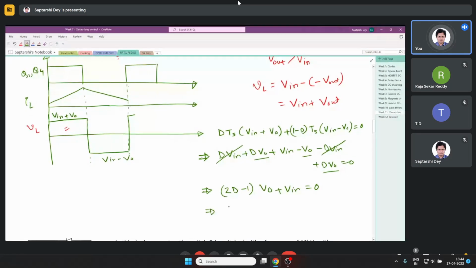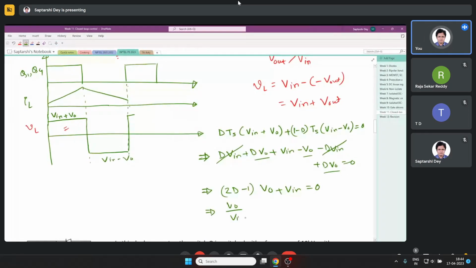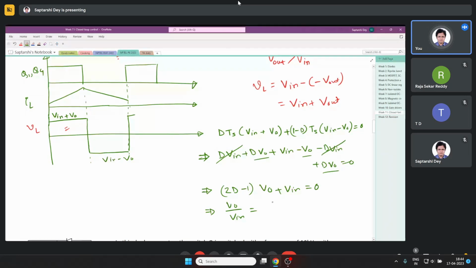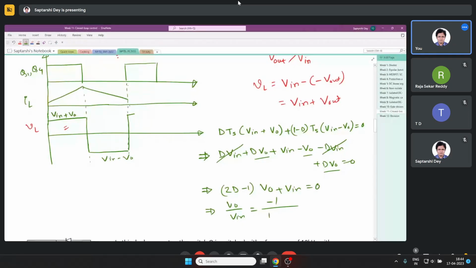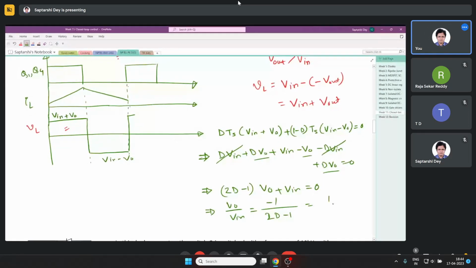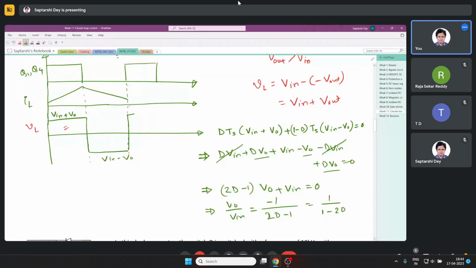So V in by V naught is minus 1 by 2d minus 1, or 1 by 1 minus 2d.